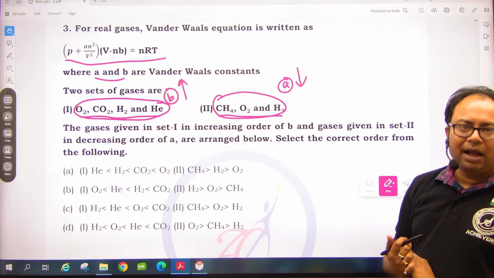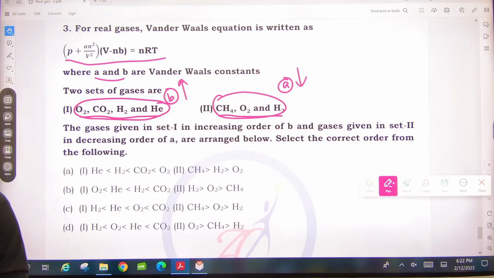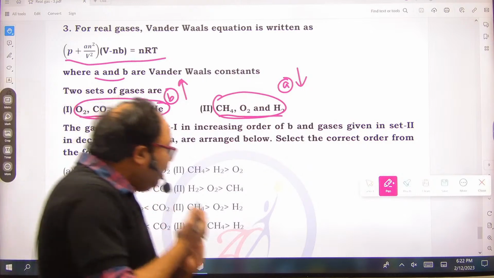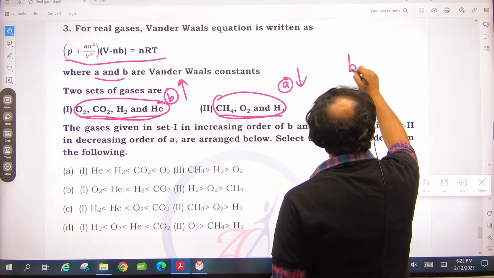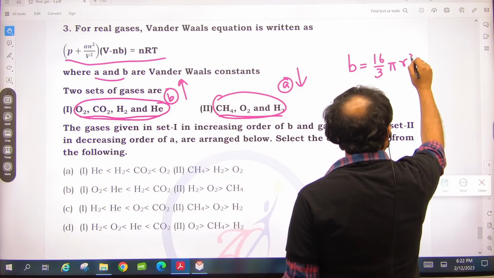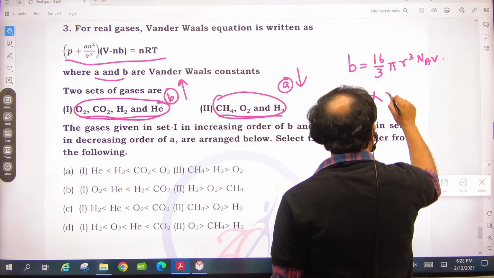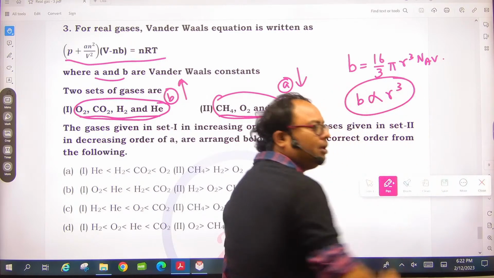So which one will have the highest value of B? We already know that B is equal to 16 by 3 pi r cube multiplied by Avogadro number. So B is directly proportional to r cube.